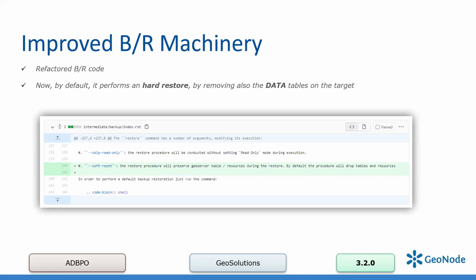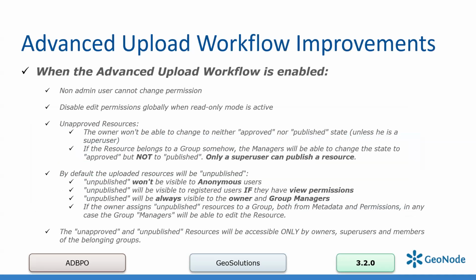So also the tables will be removed and replaced completely. There is, of course, an option that allows you to do a soft restore, which won't remove the old data completely, but eventually will replace the conflicting data with the data provided through the backup. But by default, you will have a hard restore.